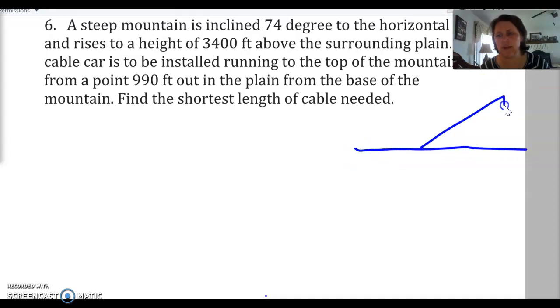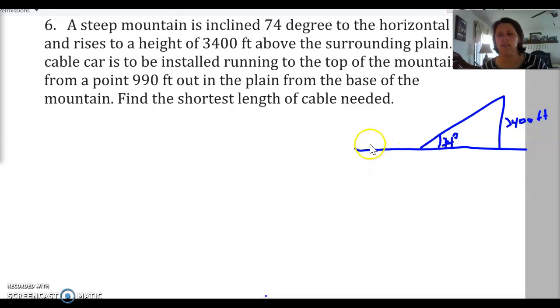And this mountain rises 3,400 feet above the plain. And it has an angle of inclination, right? It is inclined 74 degrees. Check again. 74 degrees.